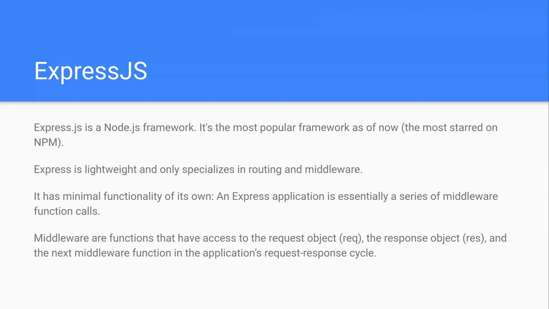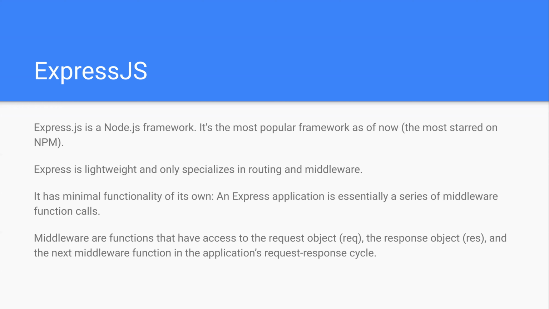Anything else you might want from Express, for example, if you want to automatically parse JSON, you'll need to add another library called body parser. If you want to add any functionality to the framework, since it's really small, you could say it's a library, not even a framework, you will need other libraries that plug into Express, which we call Express plugins.